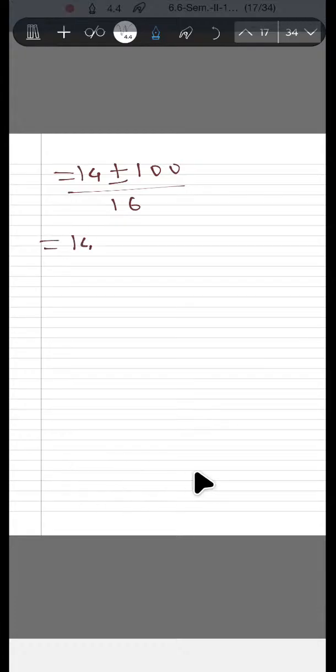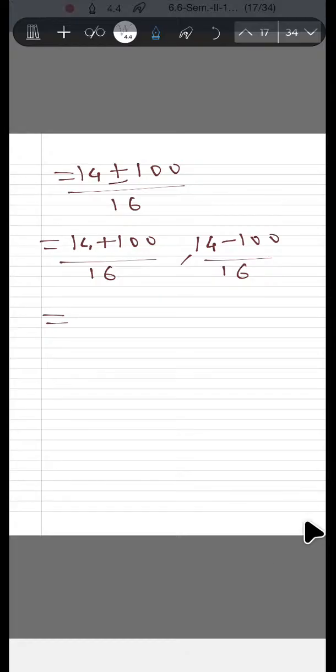Okay, so here which is equal to 14 plus or minus 100 divided by 16, so which is equal to 14 plus 100 upon 16 comma 14 minus 100 divided by 16.